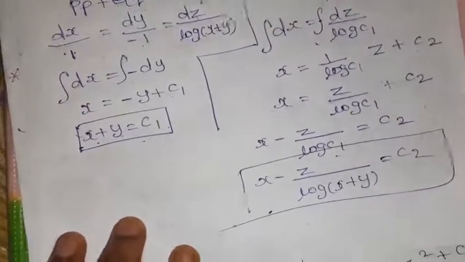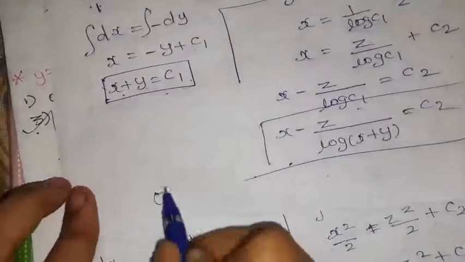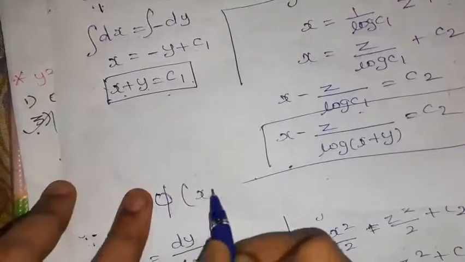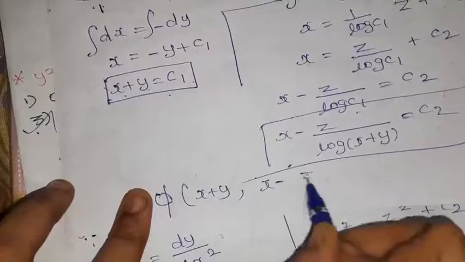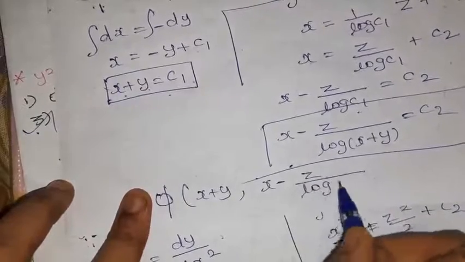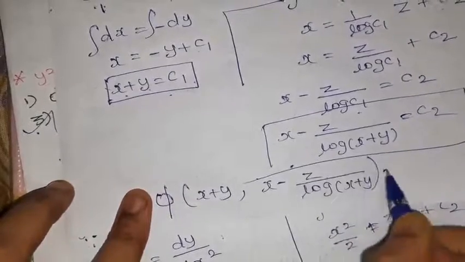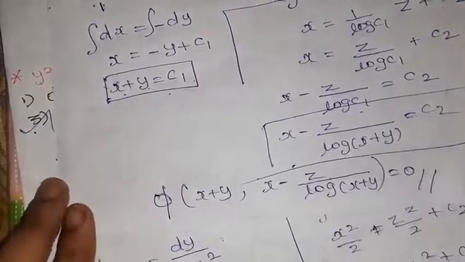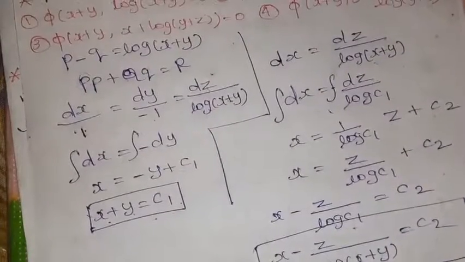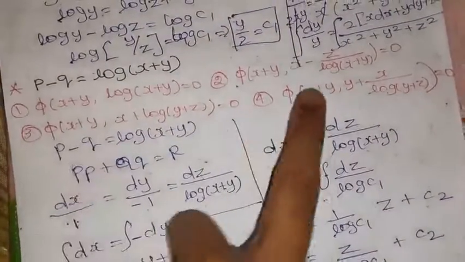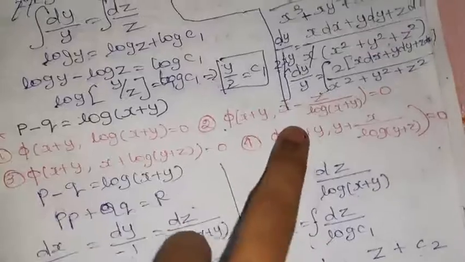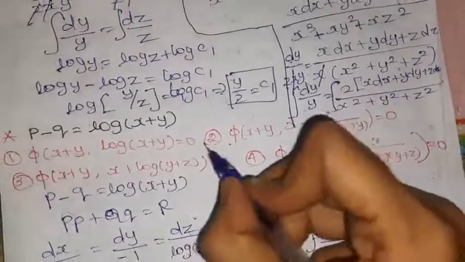Now we can write the solution phi of x plus y comma x minus z by log of x plus y equal to 0. This is the general solution. So phi of x plus y comma x minus z by log of x plus y, option 2 is the right option, okay.